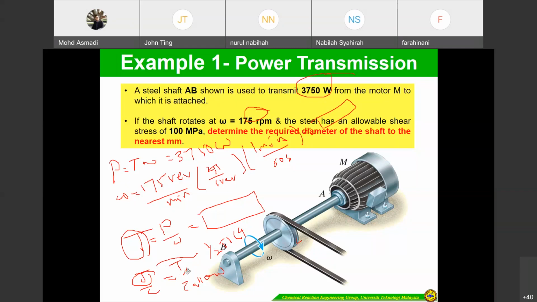So just rearrange in terms of c, so we can get c equals the cube root of 2T divided by pi tau allow. So you can get the value of c and then convert, so that is the allowable diameter.